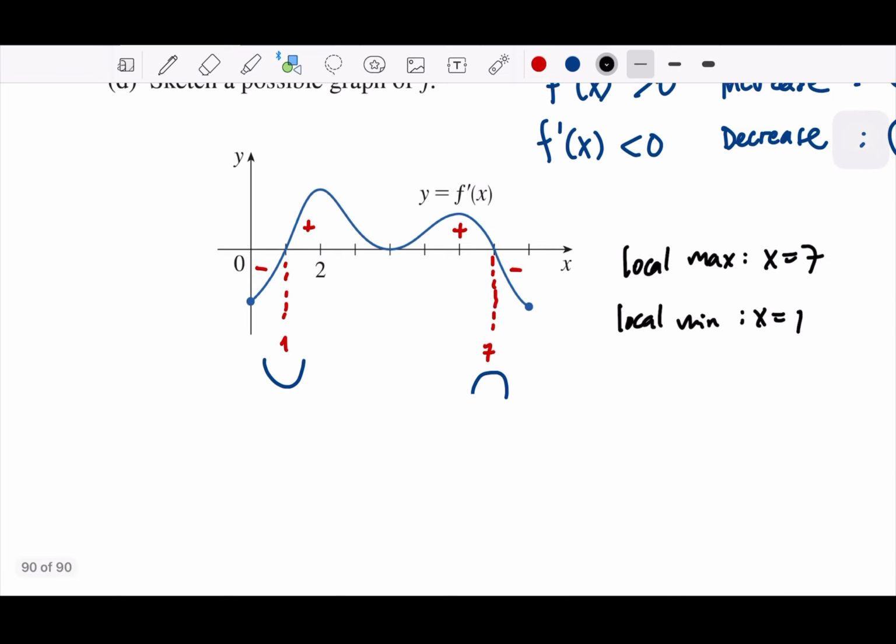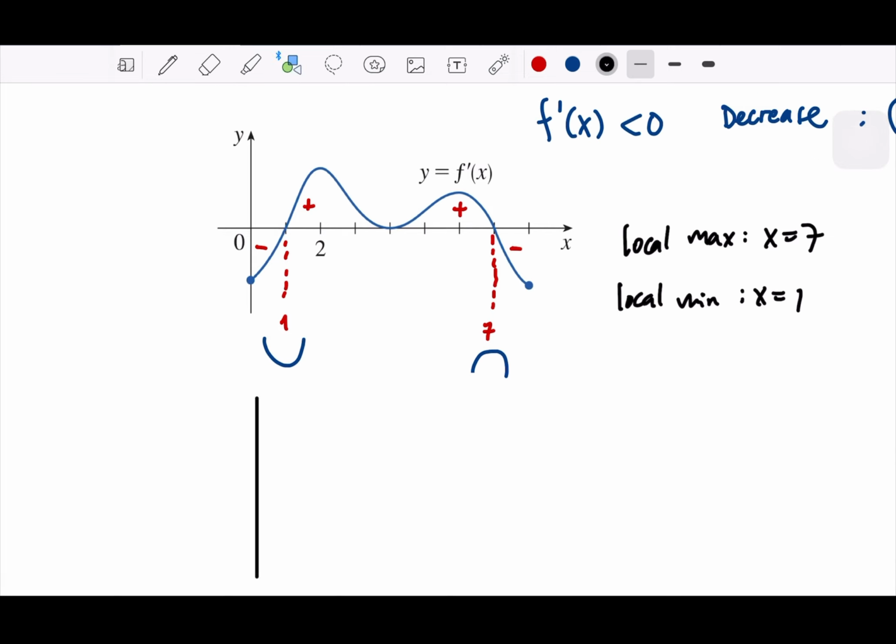Okay, the C and D, let me draw the graph here. Let me name this 0, 2, 7.